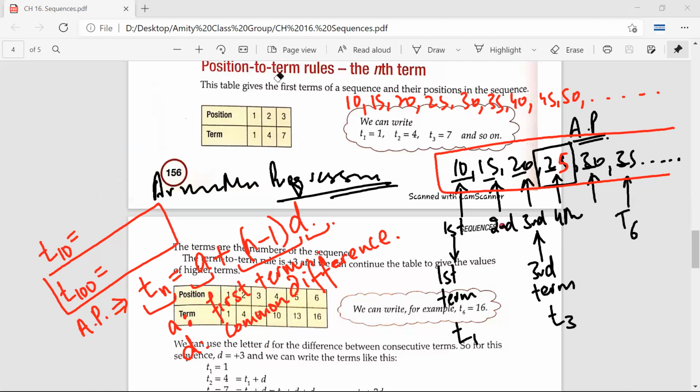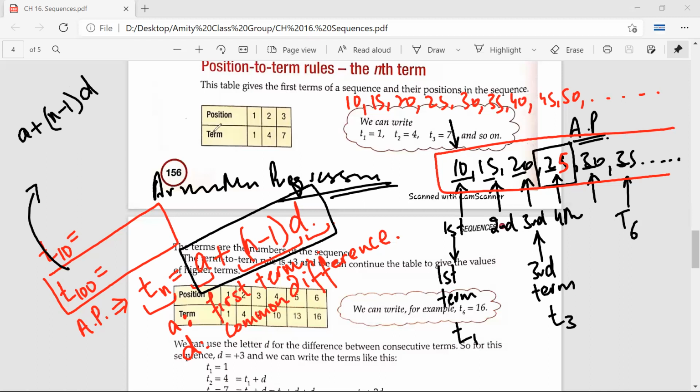No, sir. So for example, if I have to find the 100th term, then using this formula, A plus n minus 1 into D. Now when I look at this sequence, my first term, Sanvi ji, is 10.